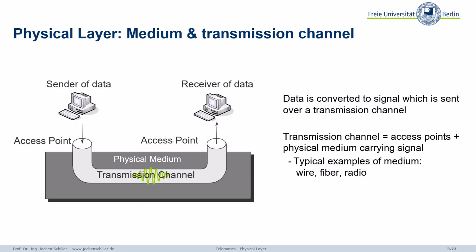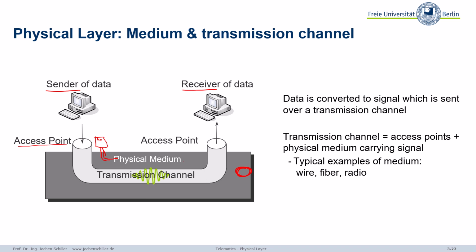So how does it look like? We have a sender, we have a receiver, and we have a physical medium, access point. So in the end, this is our layer 0. And we know this is where we have nature. And this might be a plug and cable, etc. So depending on what you use, copper wires.